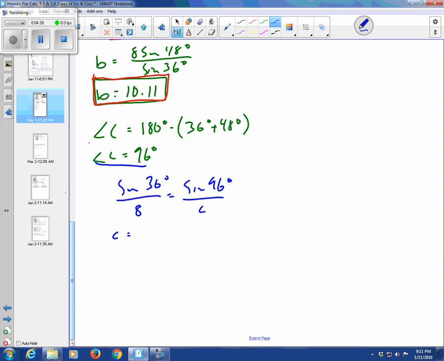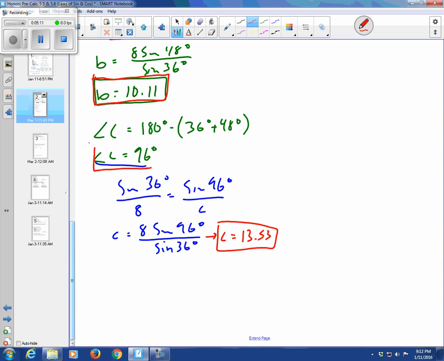That gives us c as equal to 8 sine of 96 degrees over sine of 36 degrees, and that gives us our side little c as 13.53. And those are all the dimensions.